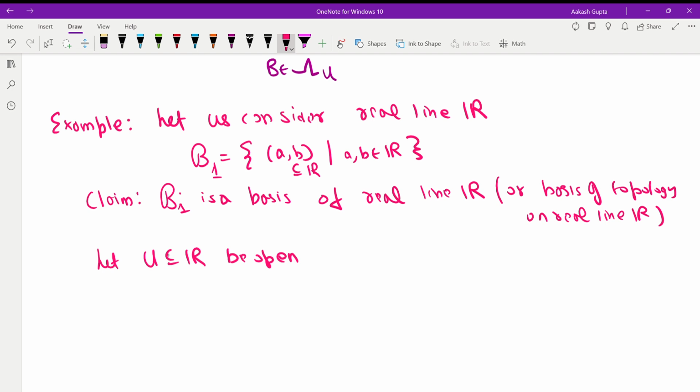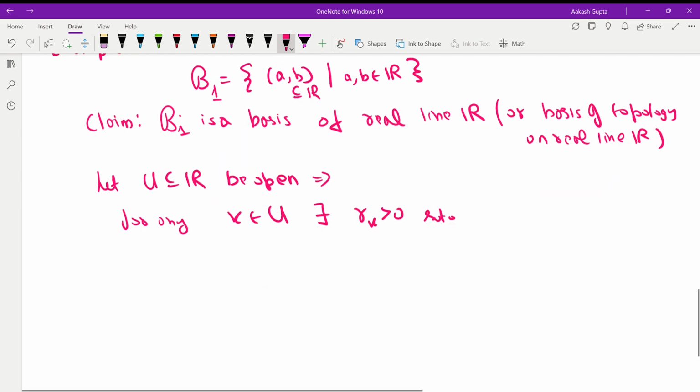Real line R. So this implies for any x in U, there exists r_x bigger than 0 such that, you know how we defined open set in a metric space, right? So (x minus r_x, x plus r_x) is sitting inside U.